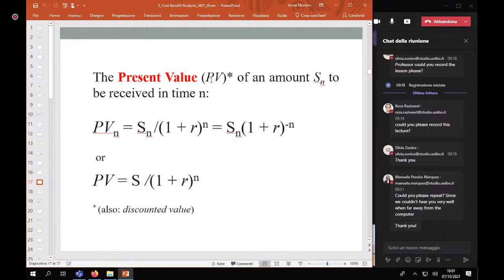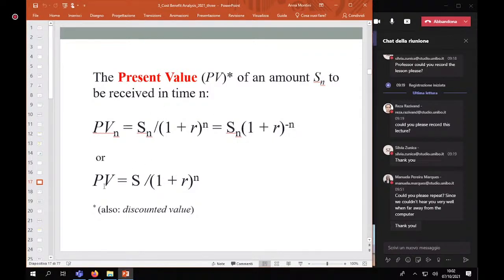The present value, PV, of an amount Sn to be received in time n is equal to the sum that you have to receive n years from now divided by 1 plus R to the power of n. The same formula can be written as Sn times 1 plus R to the power of minus n, if you decide not to consider the fraction.